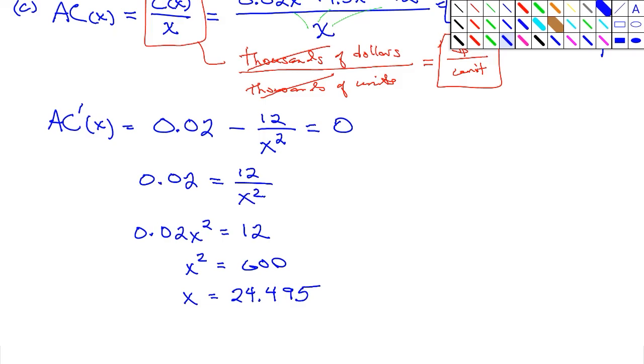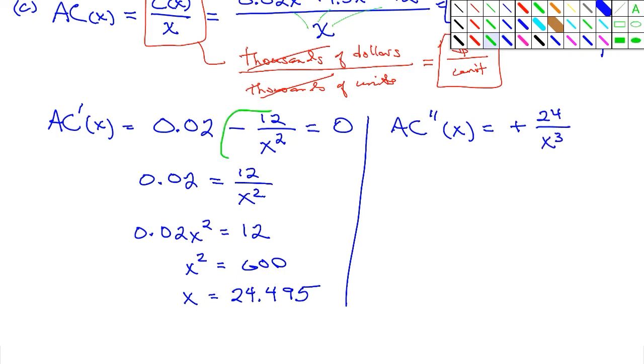Now, does this actually produce a minimum? Well, to figure that out, let's use the second derivative test. I'm going to take the second derivative of the AC function, and the second derivative is positive 24 over x cubed. Basically, you're just taking the derivative of this part because that one is 0.